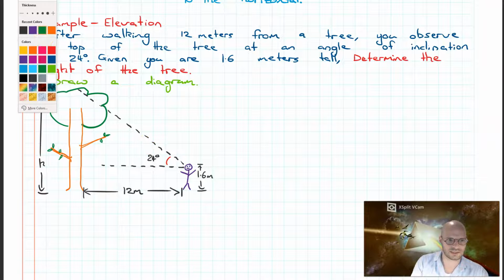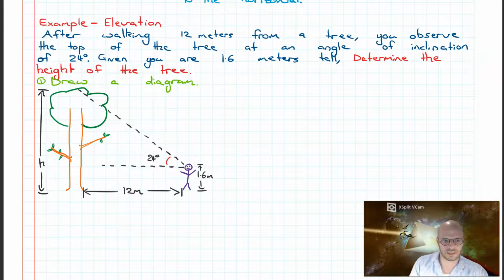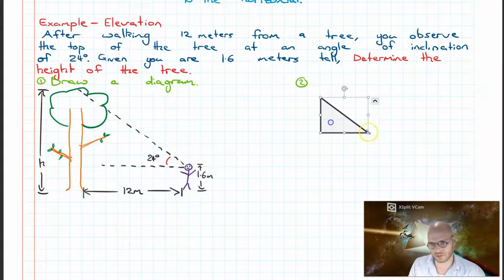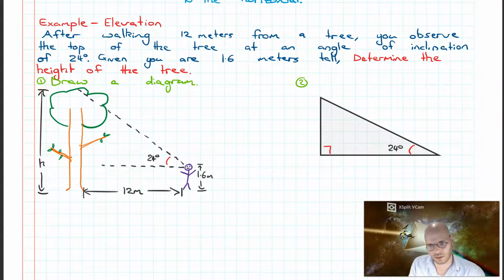Okay. Now, the second step for solving this problem is we want to draw a diagram that removes all of the sketches and we're only dealing with the triangle and the quantities we're trying to find. So to do that, I'm going to draw up another triangle. Alright, now we need to deal with the height of the tree. Now, the height of the tree is the height of the triangle, so this side length here, plus the 1.6 from the person.